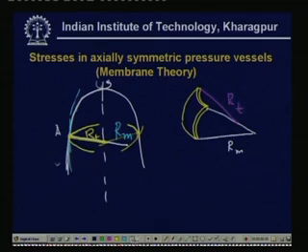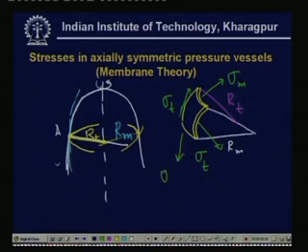Now, what are the stresses acting over here? The stresses are sigma t and this is sigma m. Similarly, here acts sigma t on the other side of the surface, and here sigma m. So, there are 4 stresses and the pressure is acting throughout. Pressure is acting over here and has uniform distribution P.